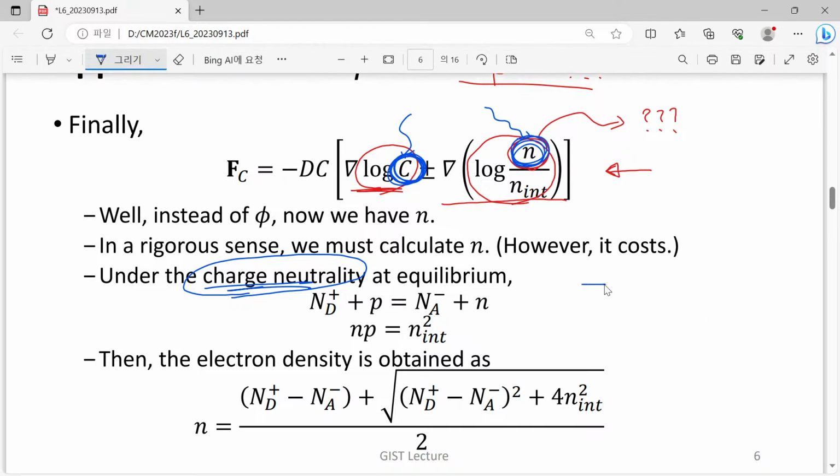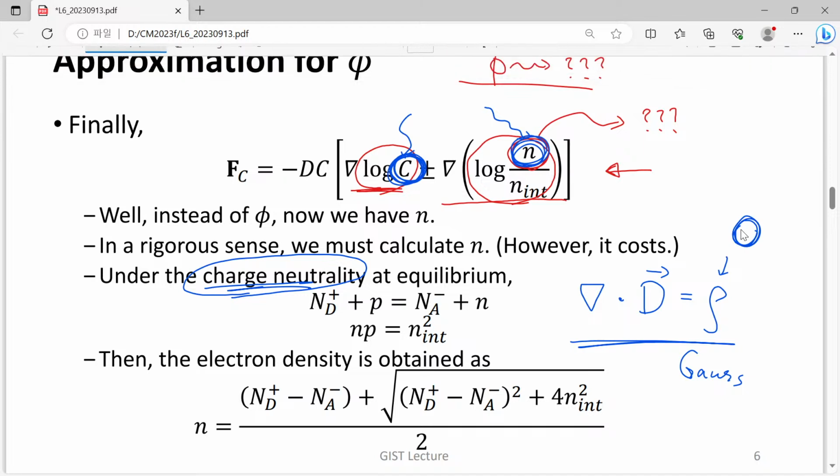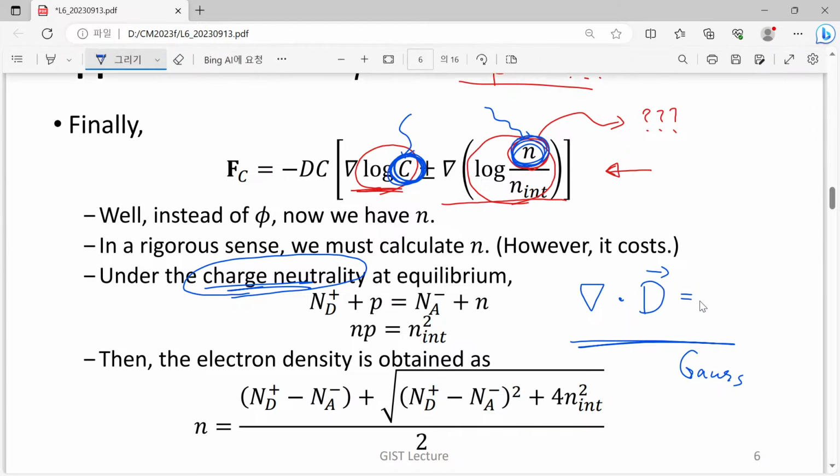our Poisson equation, actually this is not the Poisson equation in its conventional form, but this is a Gauss form. So when we have this form, this term is the local charge density, and this charge neutrality condition means that this local charge is equal to 0. So now we will have this form.